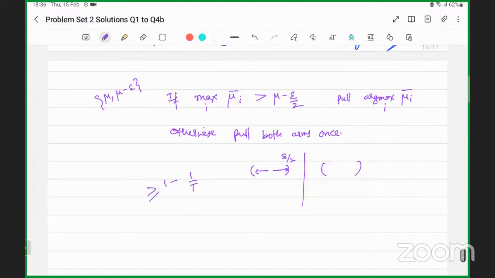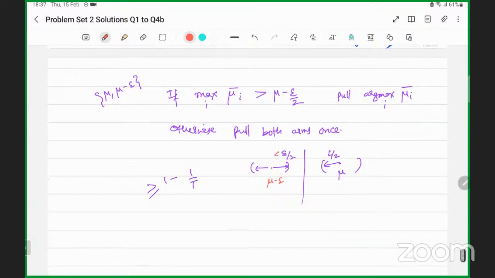If both the confidence intervals are less than epsilon by 2, then there won't be any overlap, right?